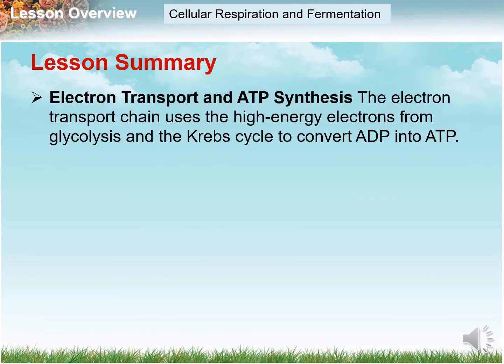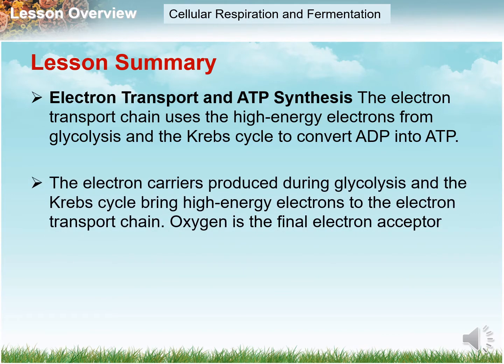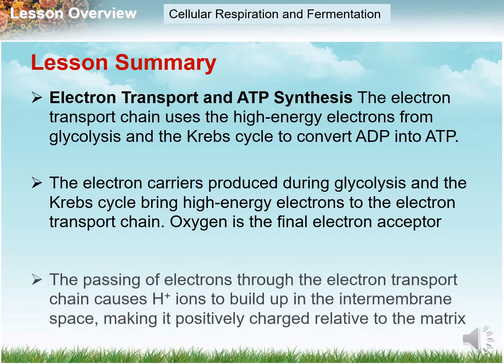In electron transport and ATP synthesis, the electron transport chain uses the high-energy electrons from glycolysis and the Krebs cycle to convert ADP into ATP. The electron carriers produced during glycolysis and the Krebs cycle bring high-energy electrons to the electron transport chain. Oxygen is the final electron acceptor.